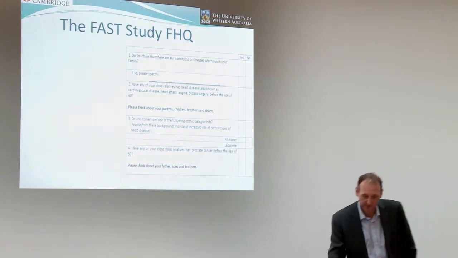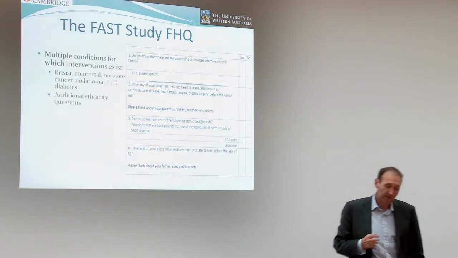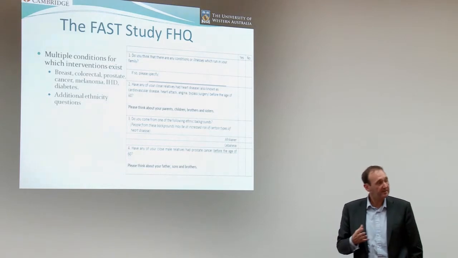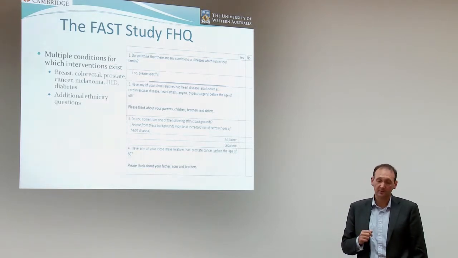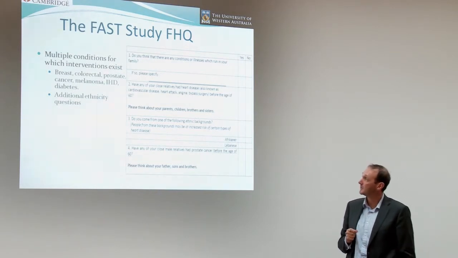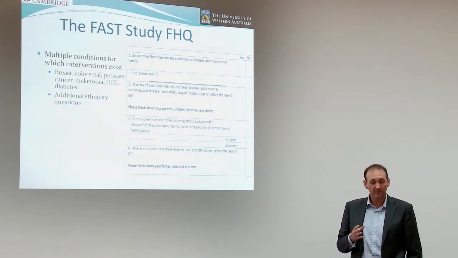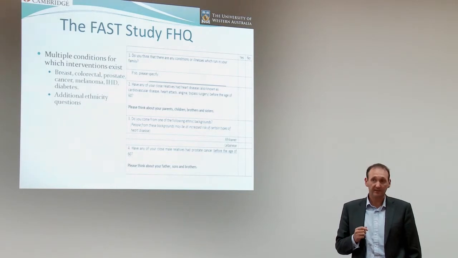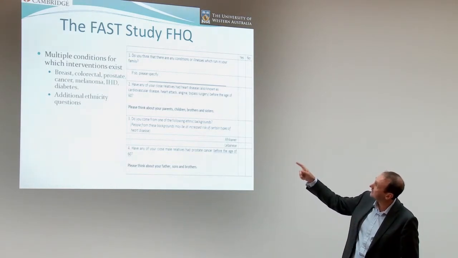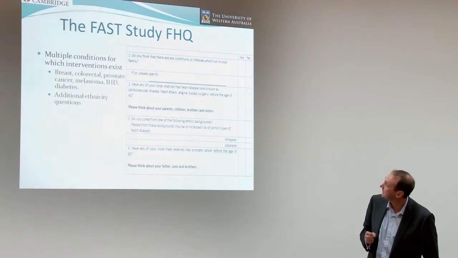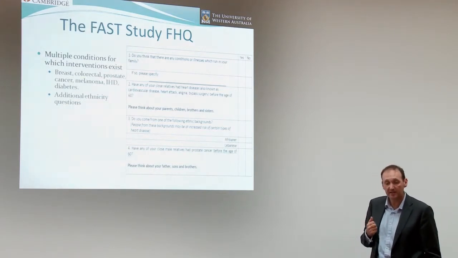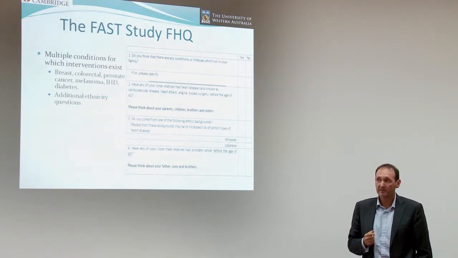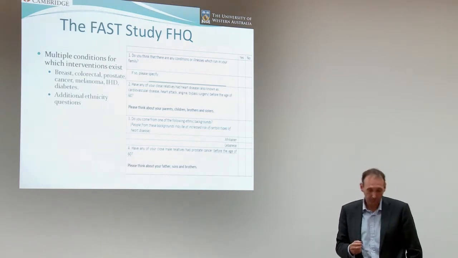There were 16 questions that we began with, and while we're focusing today on the cancer-specific questions, we also tested questions relating to ischemic heart disease and type 2 diabetes. And we had some additional questions relating to certain ethnic groups who are at increased risk of specific conditions. So, for example, within the family history of heart disease, we included Afrikaner and Lebanese because they have a much higher prevalence of familial hypercholesterolemia.